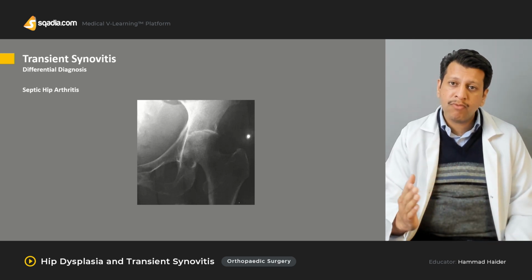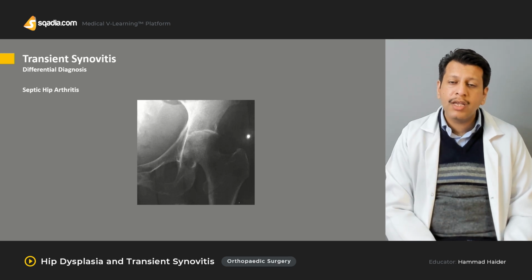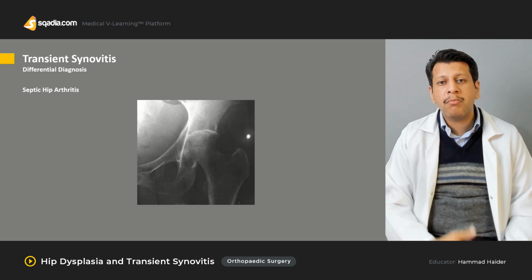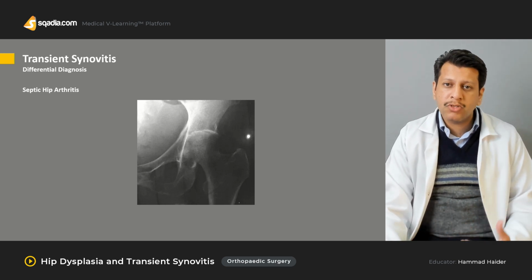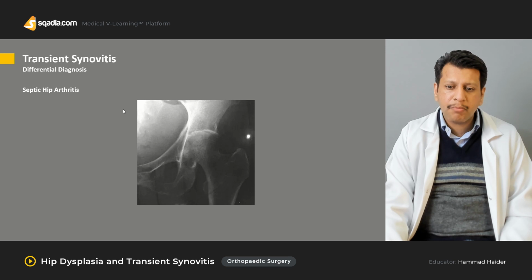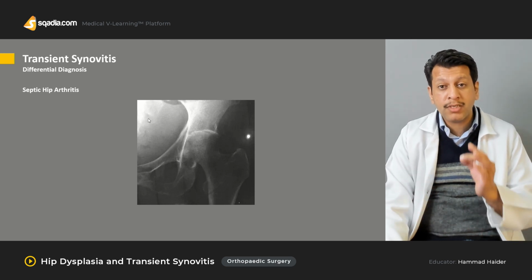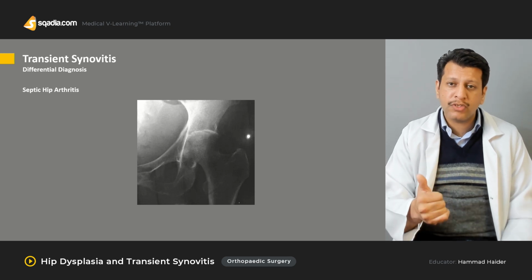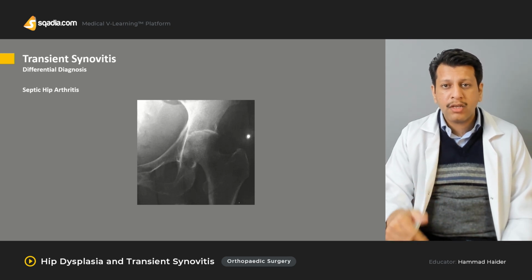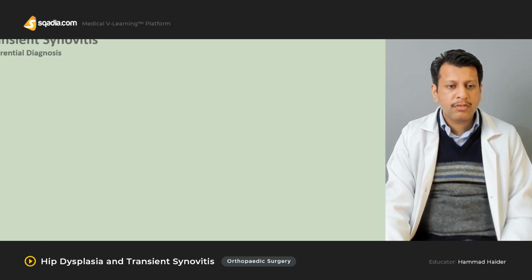But by that time, there may be some cartilage damage, and later on the patient will develop early arthritis, which may require some form of replacement surgery. Therefore, septic arthritis is something we must keep in mind, especially when a child of young age comes with swelling around the hip joint and decreased range of motion.